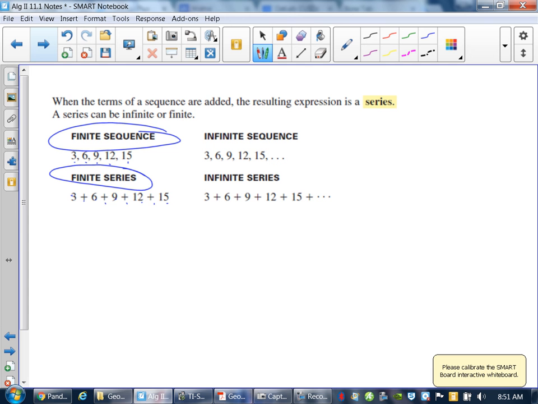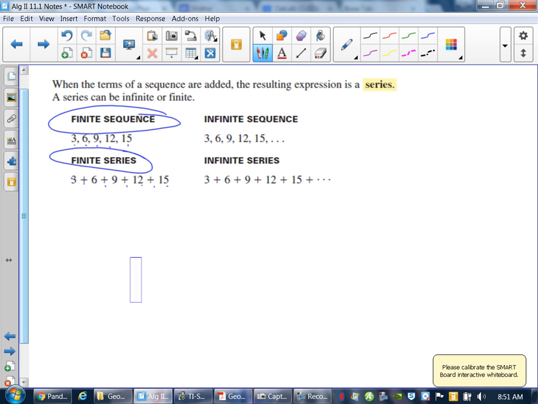The series notation is where we introduce you to what's called summation. Summation notation uses the Greek letter sigma. Sigma notation stands for sum. Sum means add. You're going to find the sum of a bunch of numbers, starting at the first term.